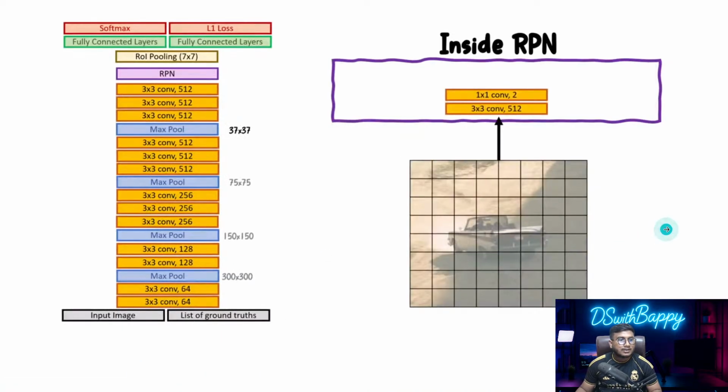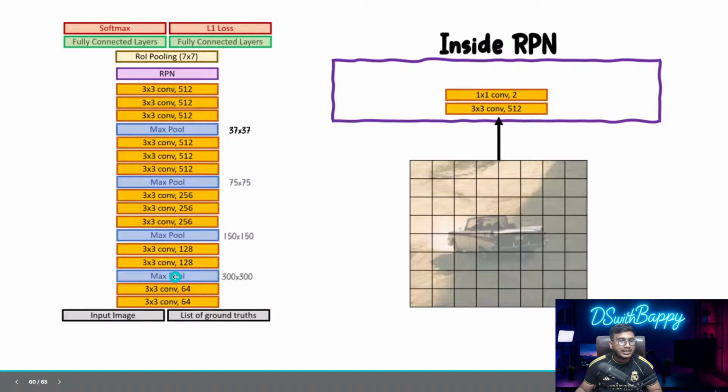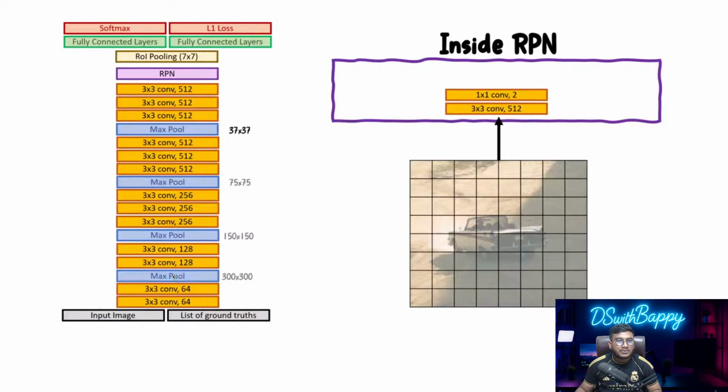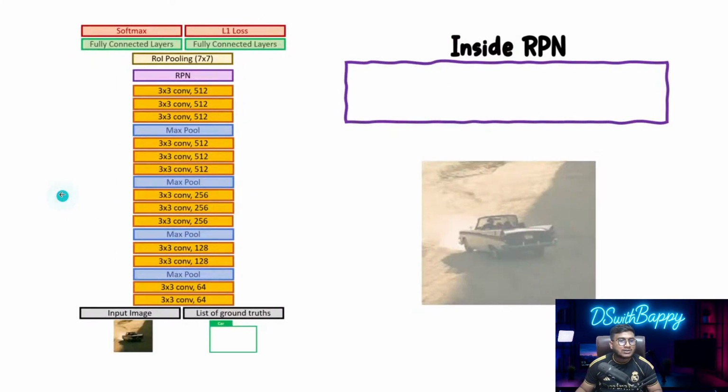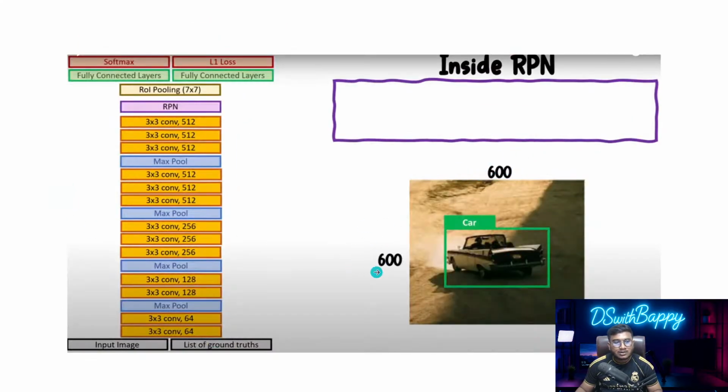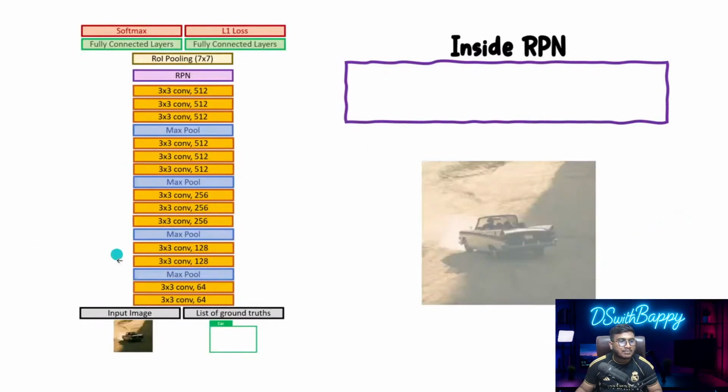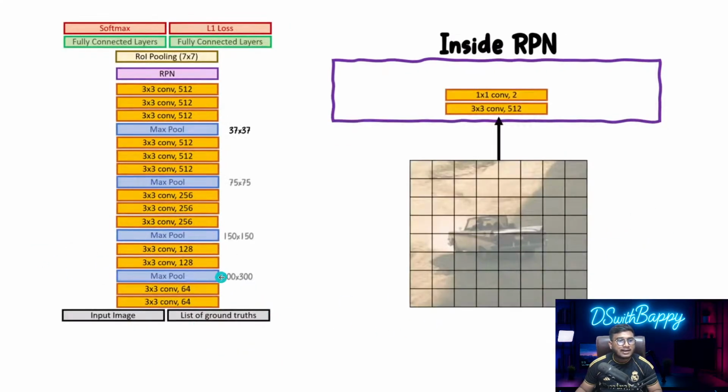Got it? Now after passing there is a max pooling, guys. Now what is the task of the max pooling? I think I already discussed it in my convolutional neural network foundation. It will reduce the image by half. The original dimension was 600 by 600. After applying a max pooling, it will become 300 cross 300.